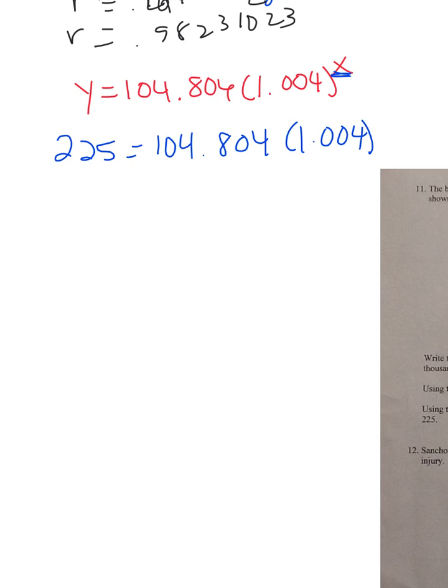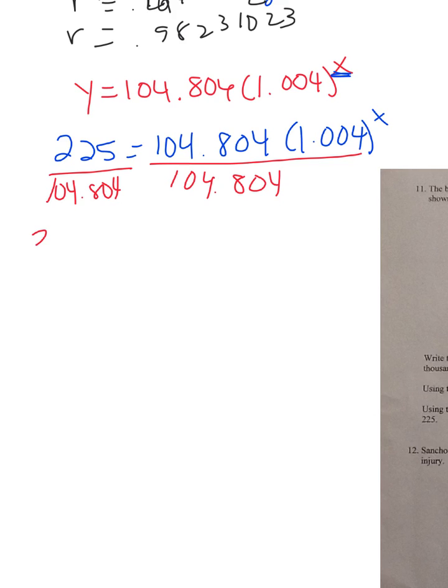I'm looking for x. Notice that x is in my exponent, and right away you should be thinking at some point you're going to have to use logs. So let's get rid of the 104. Divide both sides by 104.804. And I get 2.146864623 equals 1.004 to the x. Now you only have your base with the exponent. This is when you log both sides.